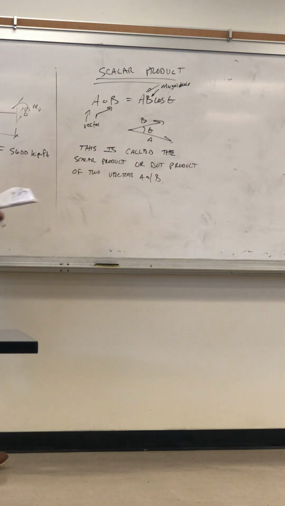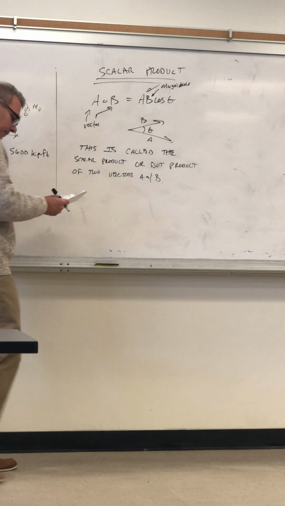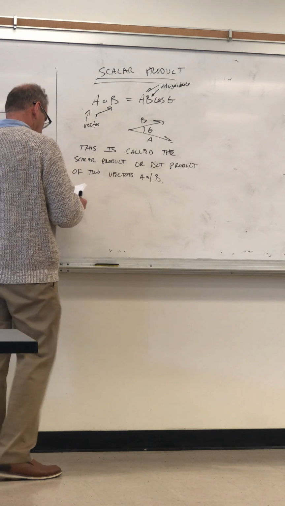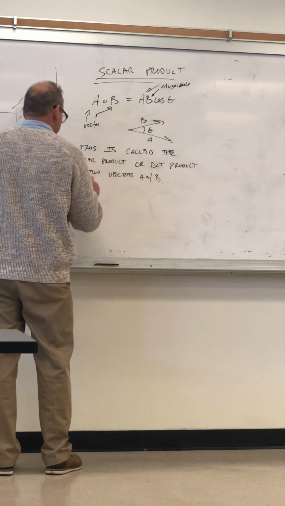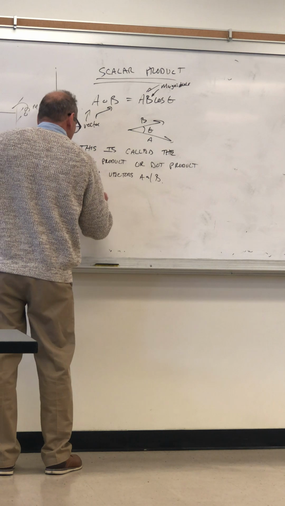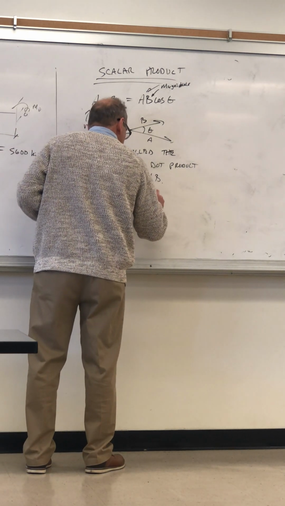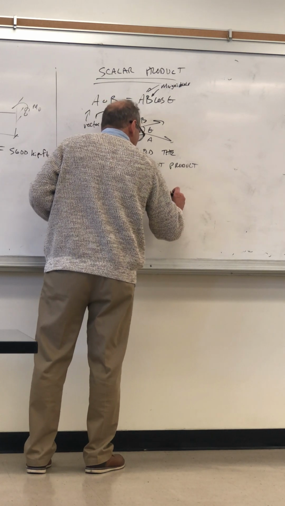And this is called the scalar product or dot product. And A dot B is a scalar. It's a single number, not a vector.